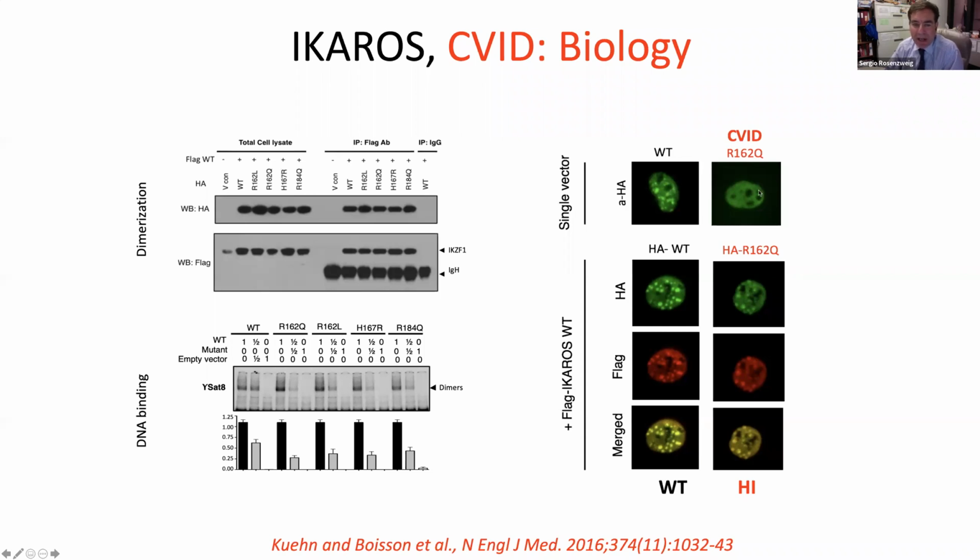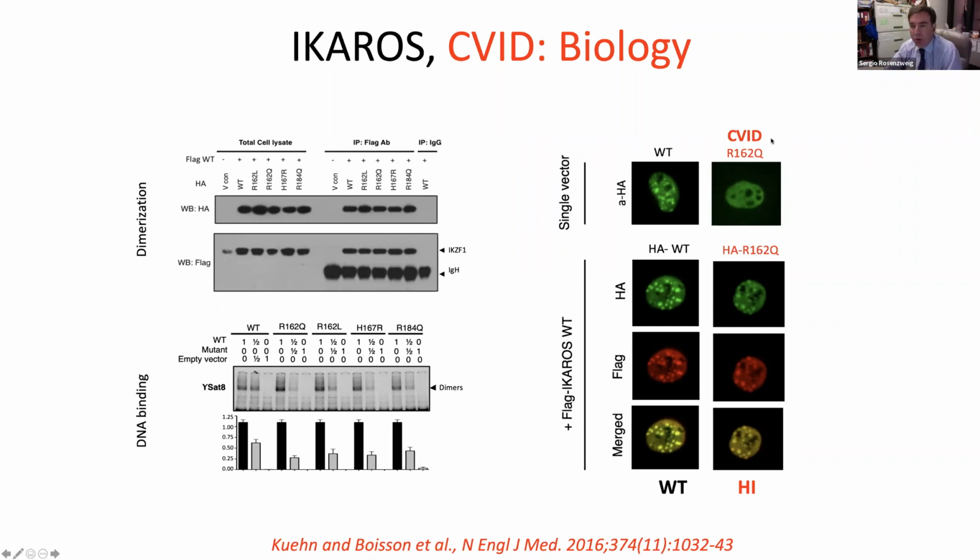But this is not the biological situation because our patients have one wild type and one mutant. So then we co-transfected cells with the wild type in red and the mutant in green. And you can see that we can still see those dots, even though there are fewer dots here than here. So it was not exerting a dominant negative effect, the mutant over the wild type.